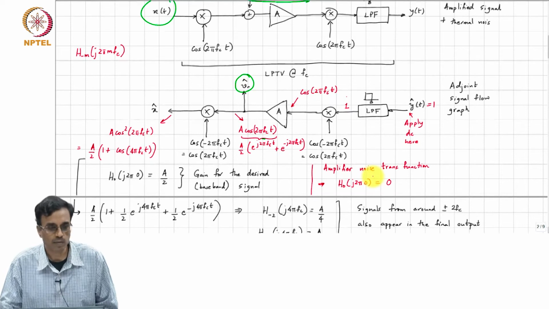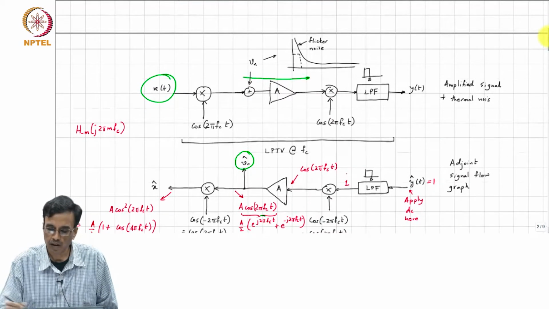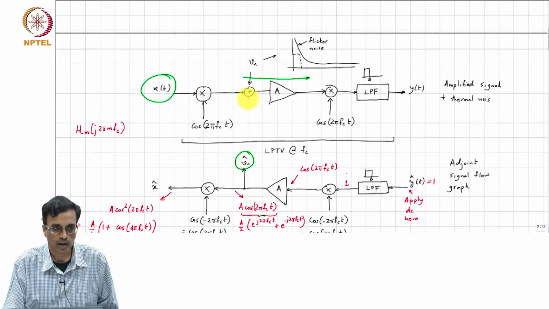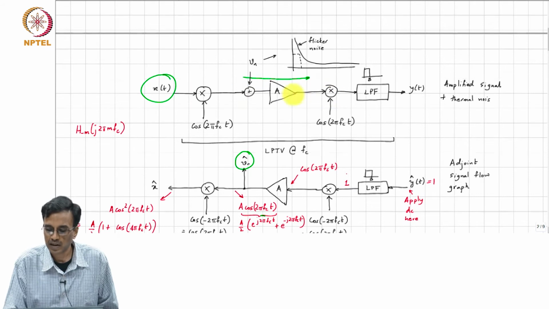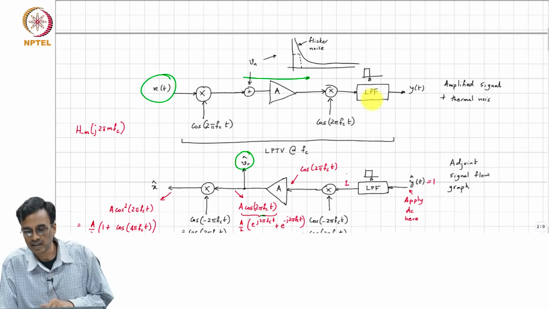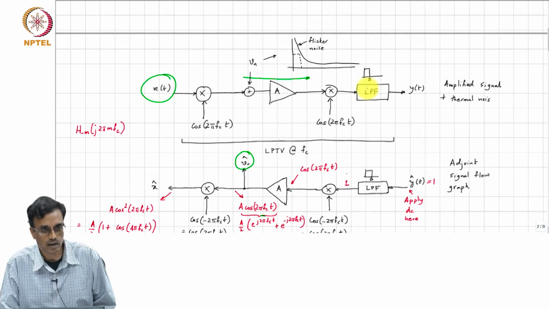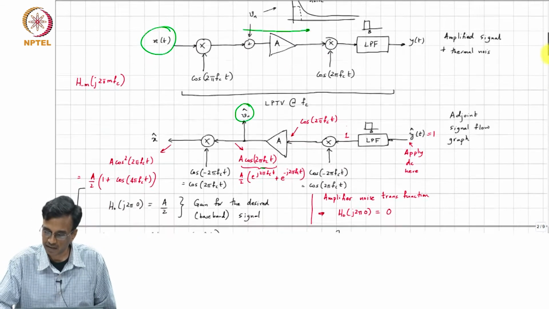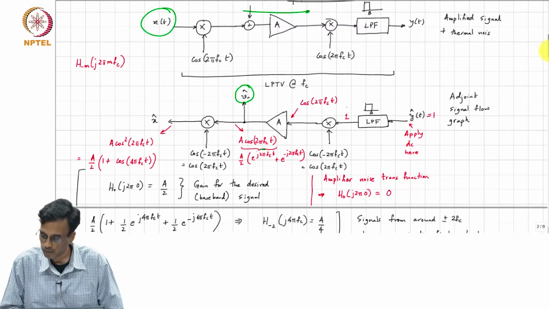Why does that make sense? Because the DC is getting amplified, but then it is getting modulated to the chopping frequency and is subsequently getting eliminated by the low pass filter. So, that is why it makes sense that h 0 of j 2 pi 0 is 0.